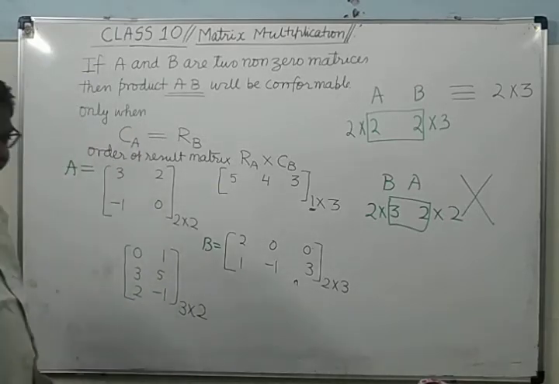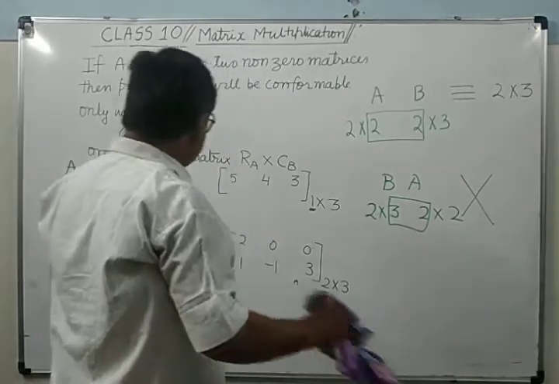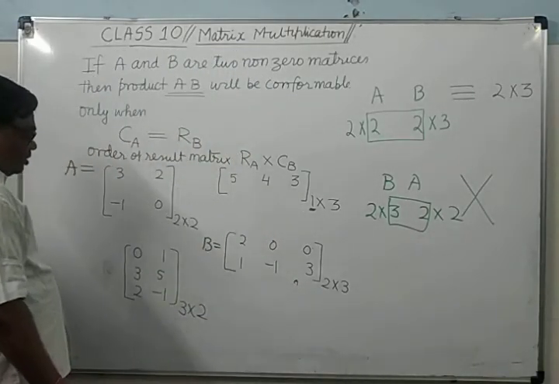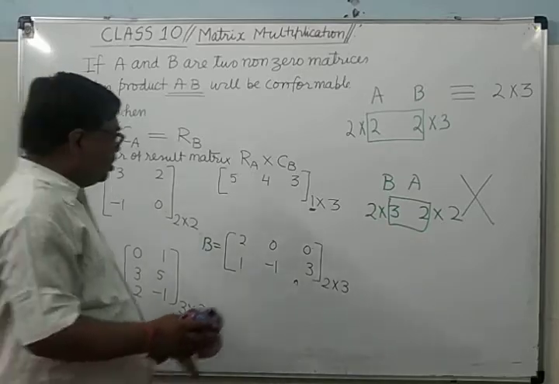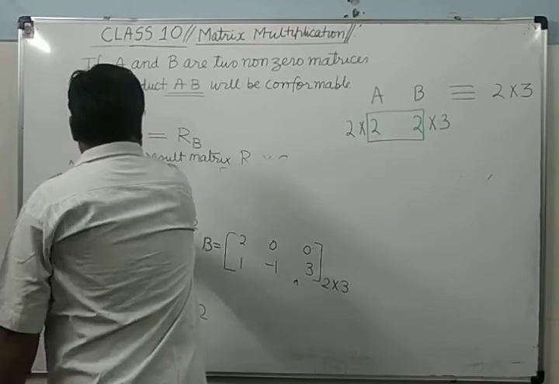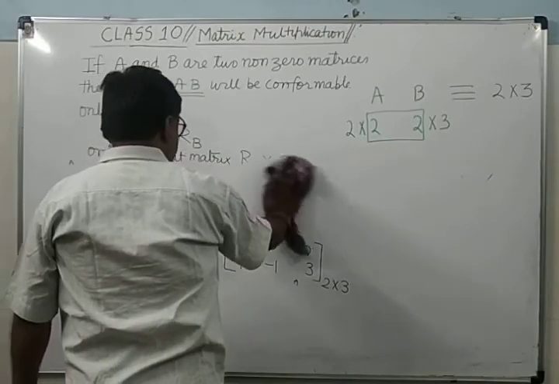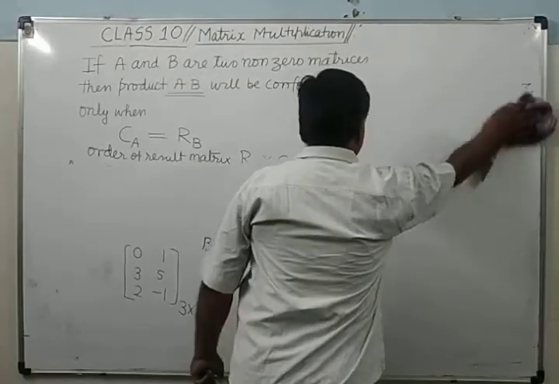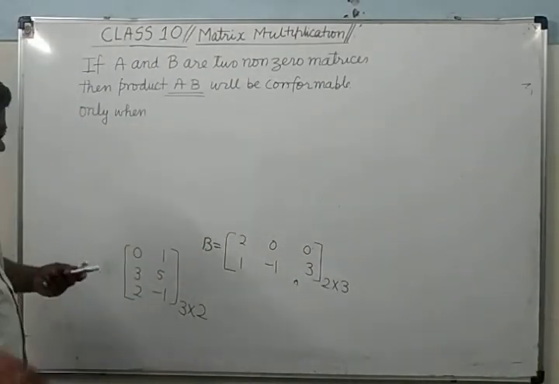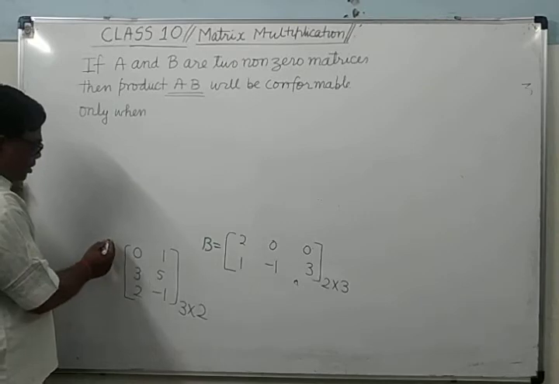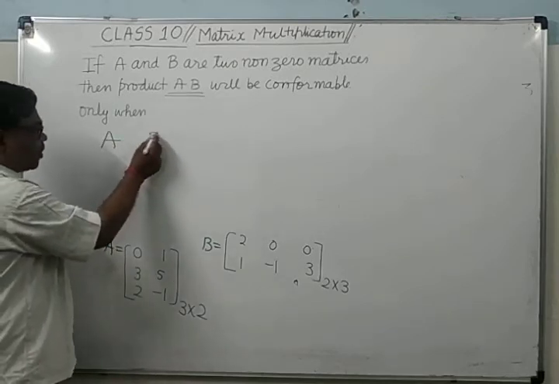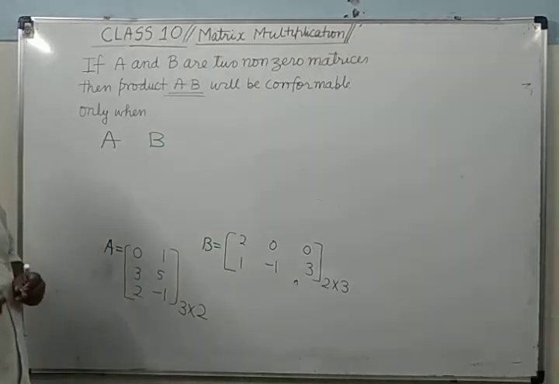Now one more thing. Here we have taken this matrix as matrix A and this matrix as matrix B. First you check whether product AB is possible or not.